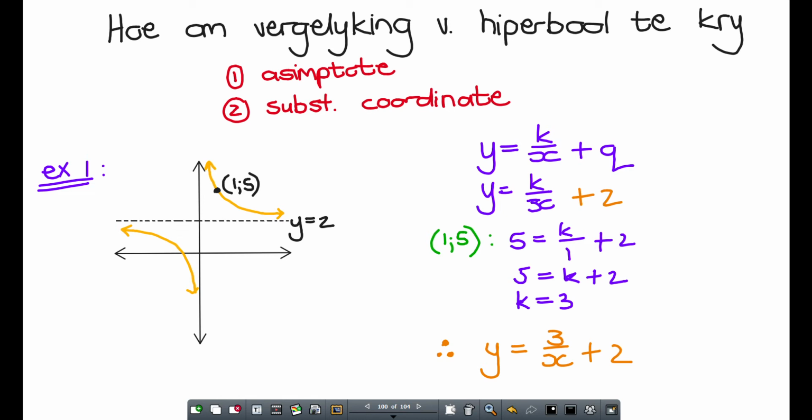Can I skip to a new example? Nog nie, okay? Megan, jy is klaar geskryf, né?